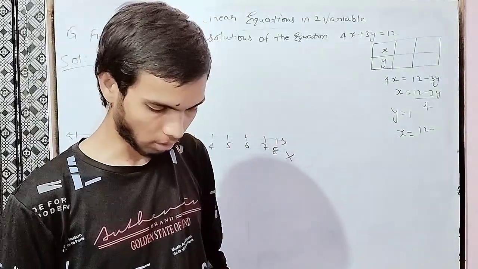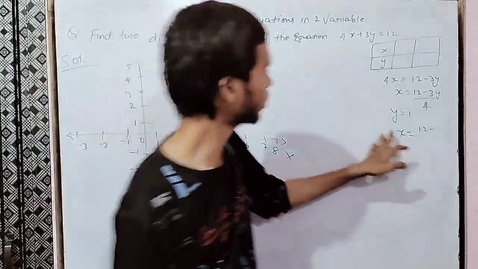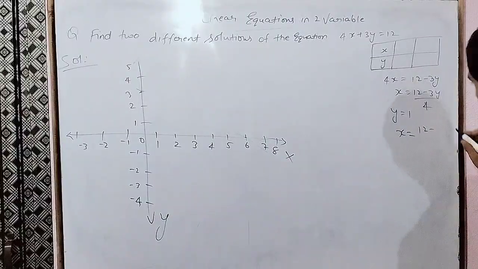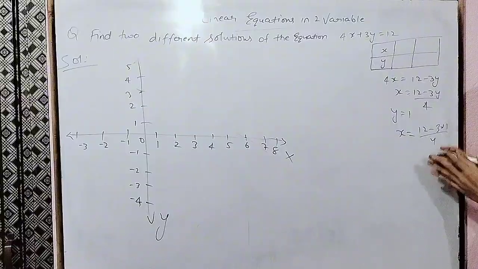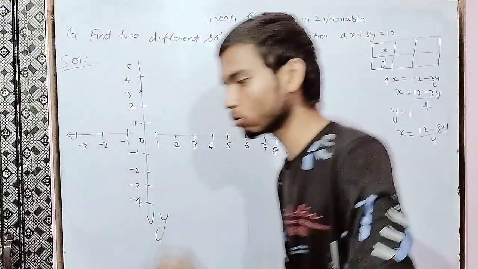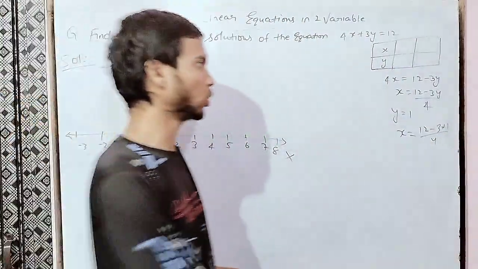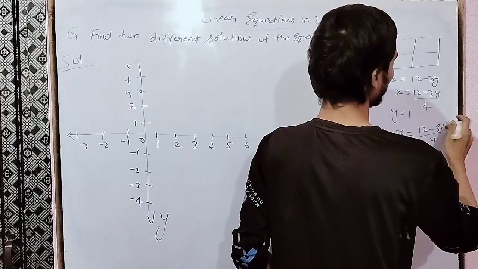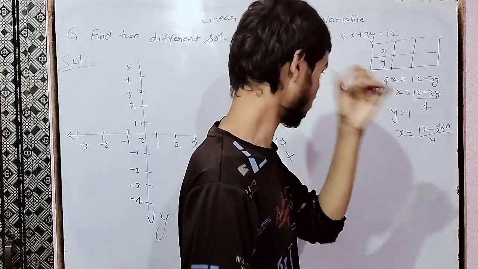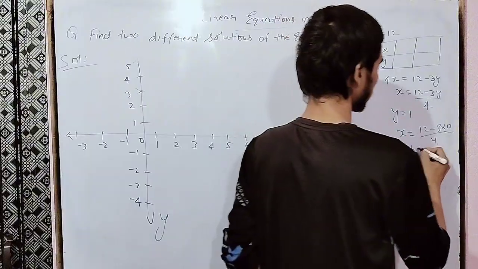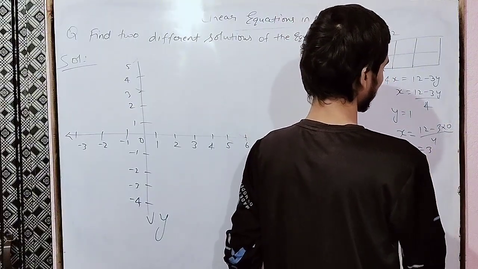Now, I want to plot. So here, when y is 1, we multiply 1 upon 4. So 12 minus 3, it will become 9 upon 4, which is a fraction. You can put 2. Hold on, 0. What about 0? Yes, it will give an exact number, which is 3.